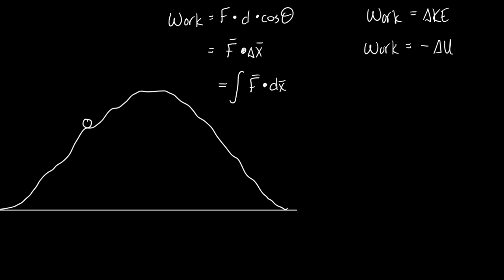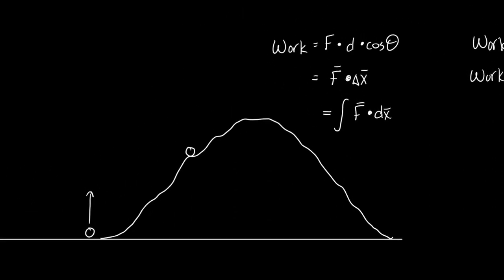So if you'll recall this example, this specific one, if you want to lift the rock up and you're causing a displacement in this direction, right, delta x, you do work on the rock by applying an upwards force, and that helps the rock move from where it was to where it is.